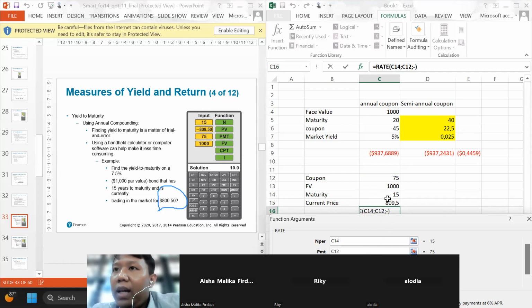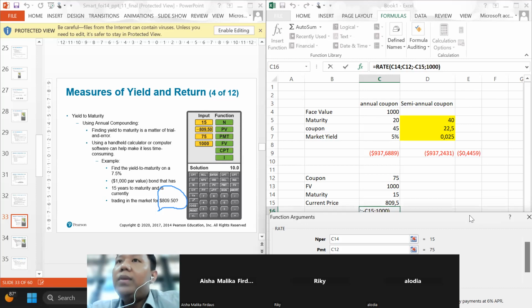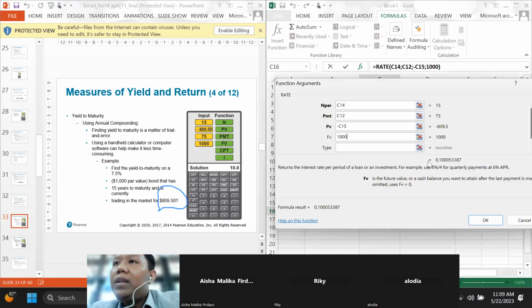And then the future value, or the face value that we will receive in the future, is 1,000. Okay. So here, in this case, we have 0.100053387, or we can call it 10%.